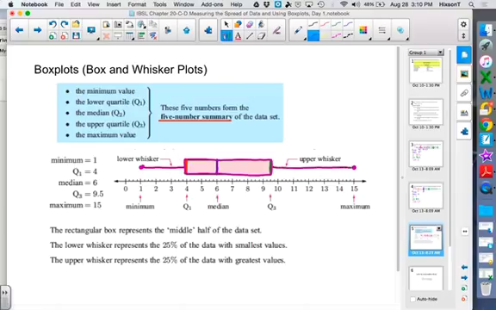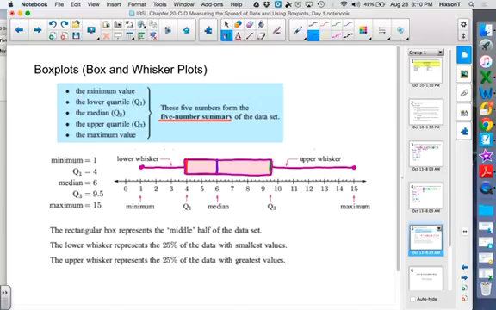One thing I will point out here, notice there is a number line showing the scale and showing where the values are. You need to make sure it's very clear where these numbers that you found are. Do not draw your box plot on the number line. It needs to be above the number line.